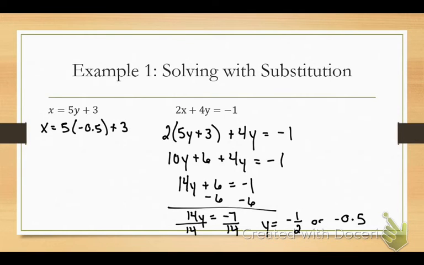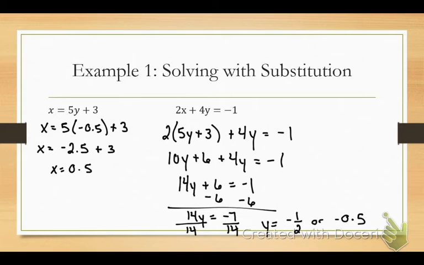So what's half of 5? 2.5, and then we make it negative. X equals -2.5 plus 3. All right, what's negative 2.5 plus 3? 0.5. X equals 0.5.